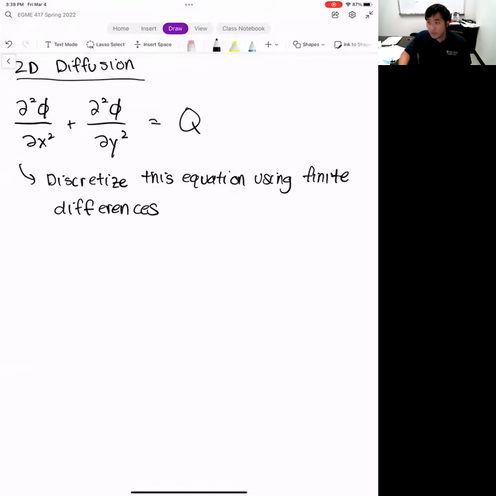And so it's the same process that we've been following for every unit so far, where we take our equation and we replace all the derivatives with their finite difference approximation.